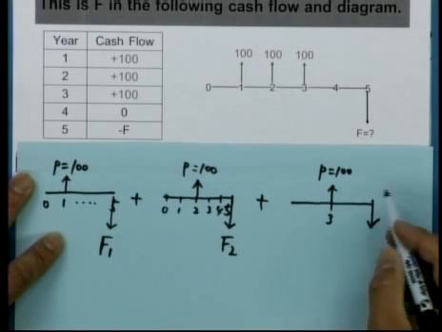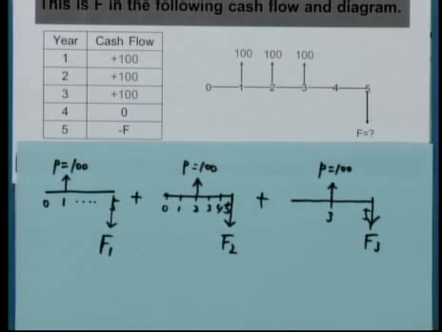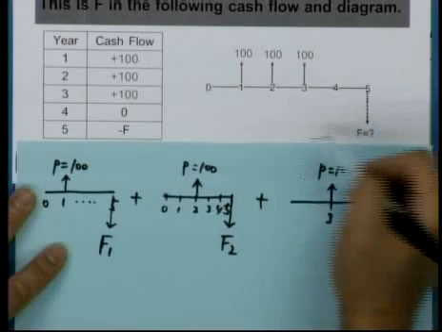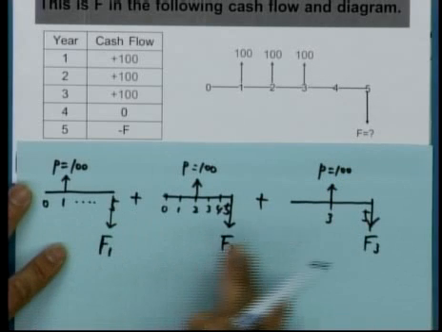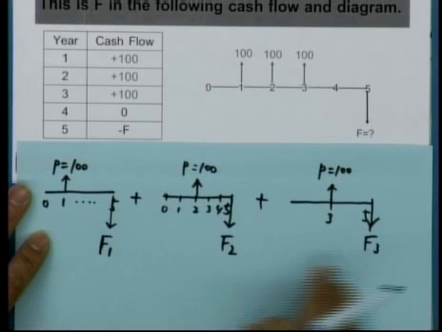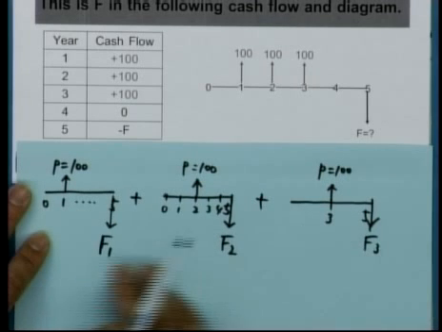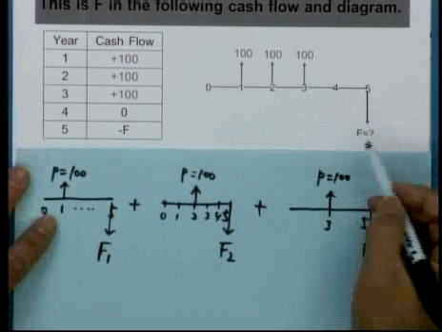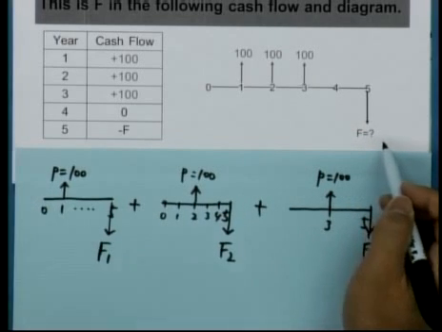And then at the end of year 5, we have future sum, let's say, which is F3. So this given cash flow diagram can be considered as a series of these three single payments P. Okay? So once you get those three different F values, then you need to combine all three of them to obtain the targeted future value of F.